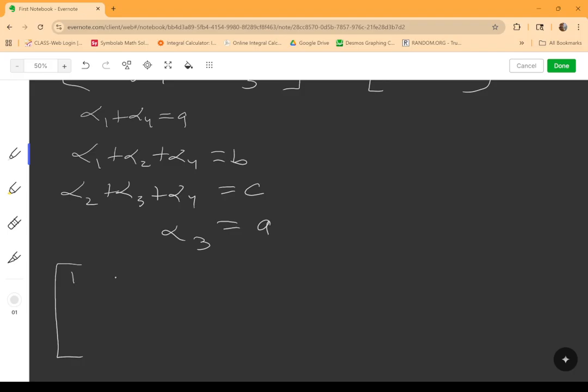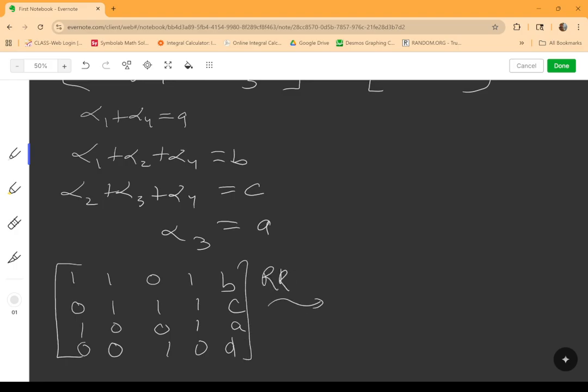This was my first matrix that I started with. And I reduced it to reduced row echelon form. Okay, and what I got was I wound up with this matrix here. All right, again here, B, C, A, and D, they're just any real numbers, so you just treat them like that.